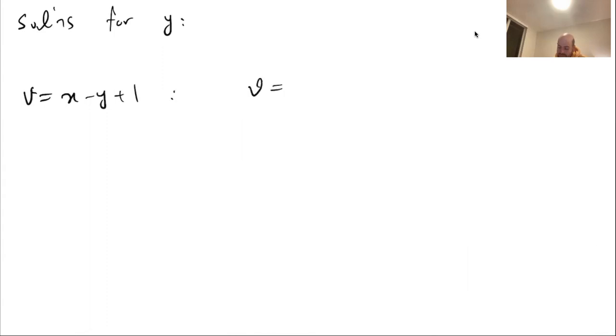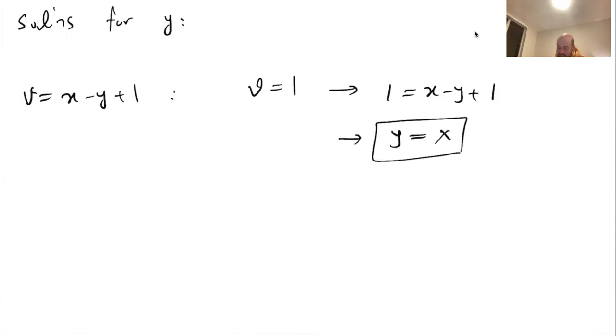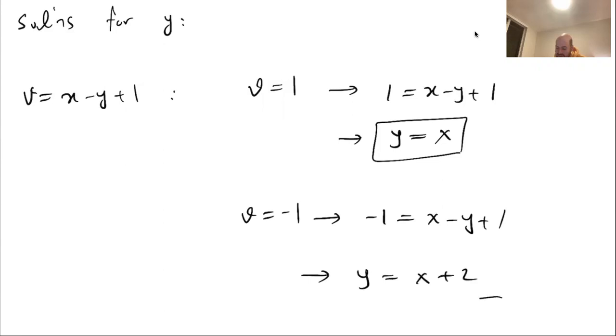So if v is 1, then you will have 1 equals x minus y plus 1. That gives me y equals x. And if v is -1, then you'll have -1 equals x minus y plus 1. That gives me y equals x plus 2.